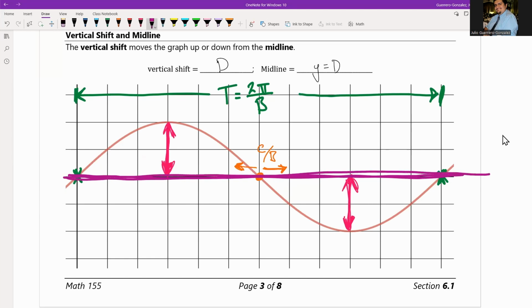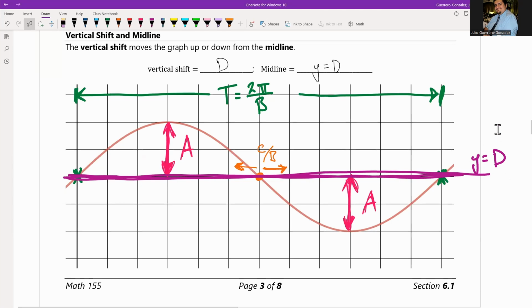That purple line is what we call the y equals D, or the midline. That's what slices our graph in half. And from that midline, you guys see how the graph bounces up an amount and down an amount. That is what we call our amplitude. That is our A. And there you have it. This is the anatomy of a sine graph and a cosine graph.